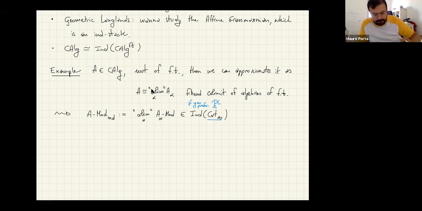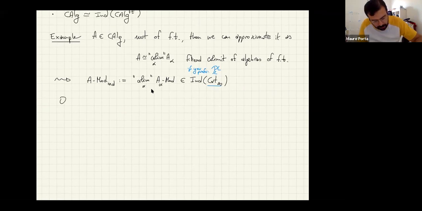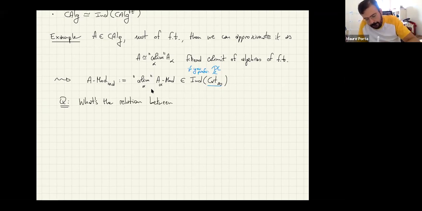Okay, so we can consider this thing. And the natural question is, what's the relation between A-mod, the category that we are all used to considering, and A-mod^Ind?